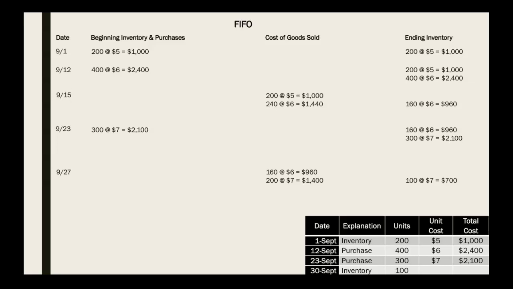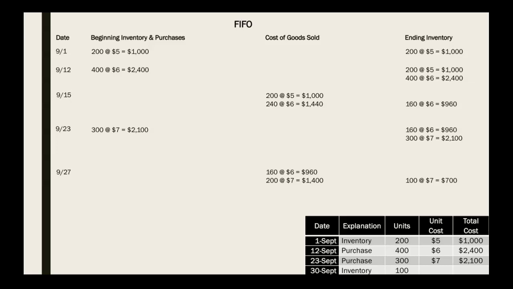Then we look over in ending inventory. Well, we sold all of our units that we had at $6 a piece. So we don't have any more of those, so we don't write any inventory at $6 on the 27th. But we had 300 units at $7 a piece, and then we sold 200 units at $7 a piece.